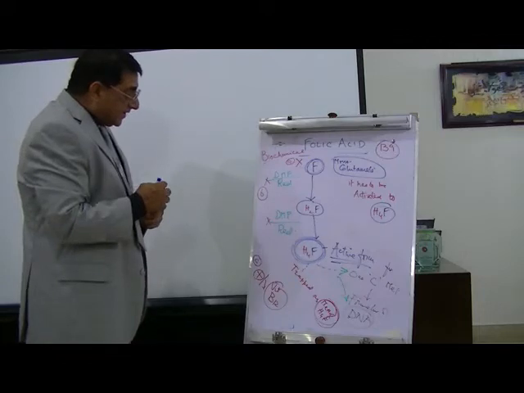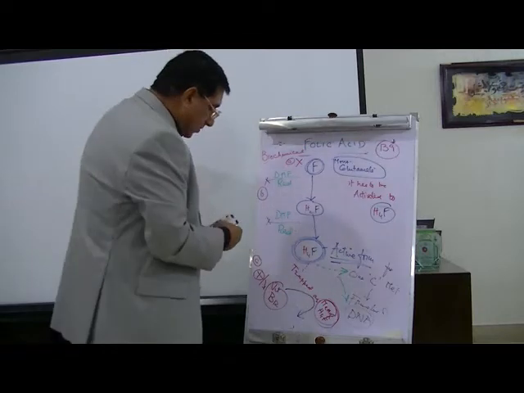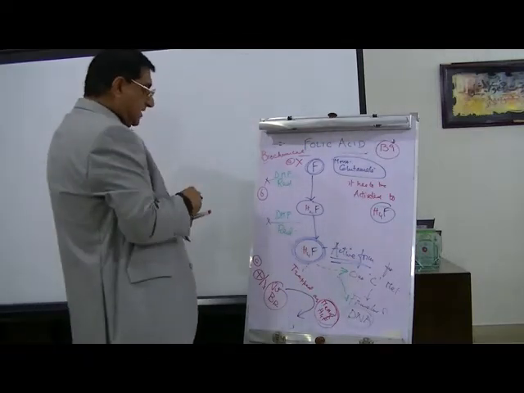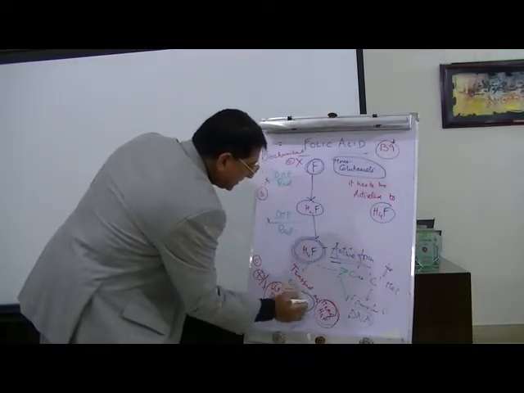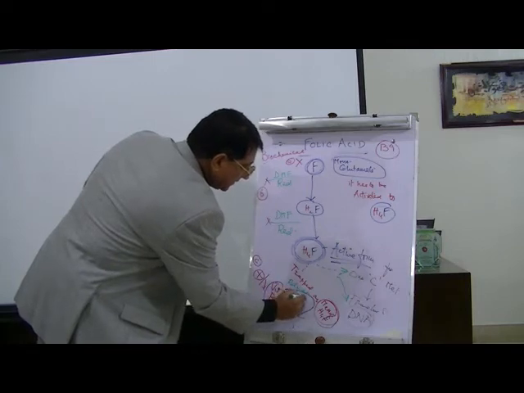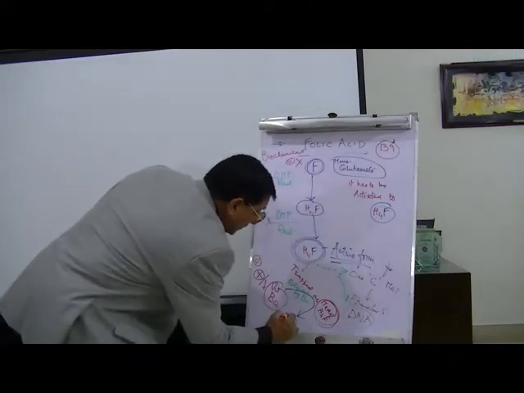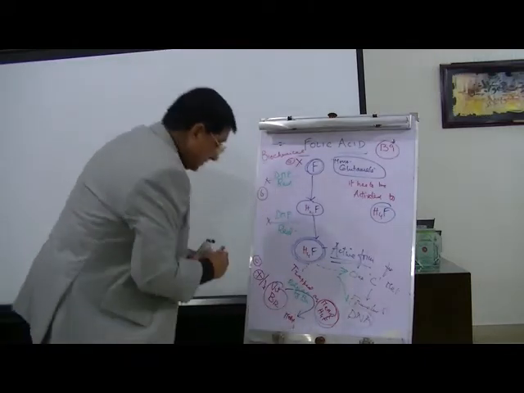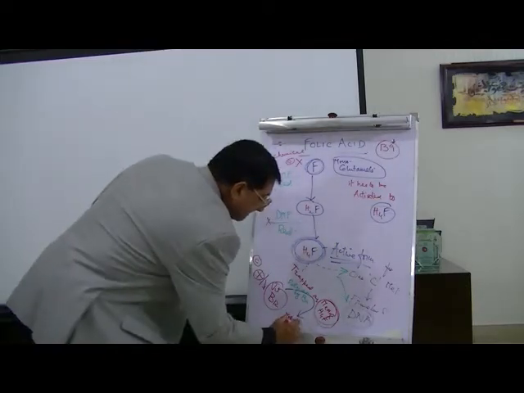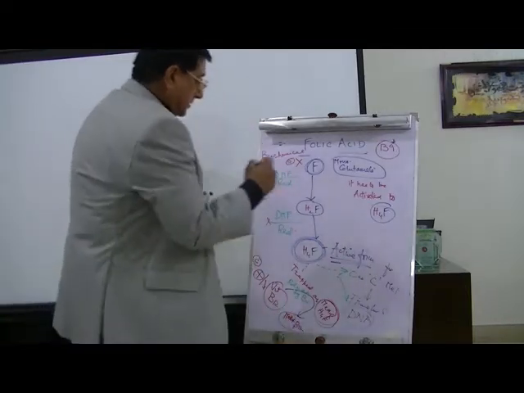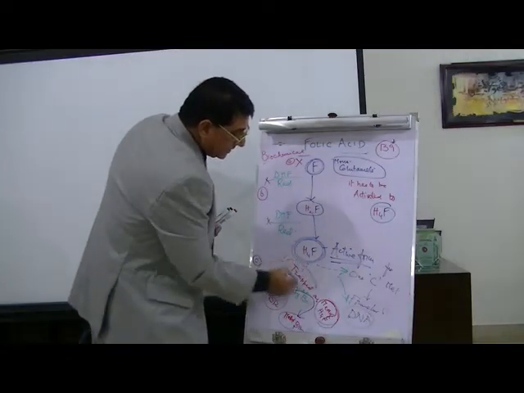This trap is only relieved by B12, because B12 removes the trap. B12 takes up the methyl group from methyl tetrahydrofolate and forms methyl B12, methylated B12. This trap is removed and tetrahydrofolate is free to carry one-carbon groups.